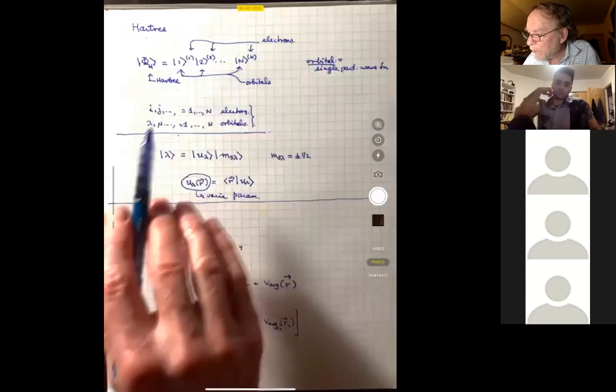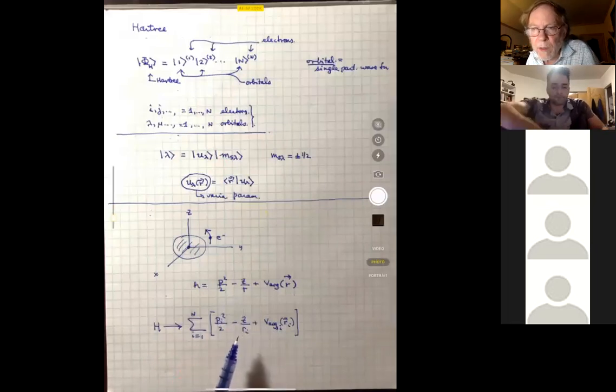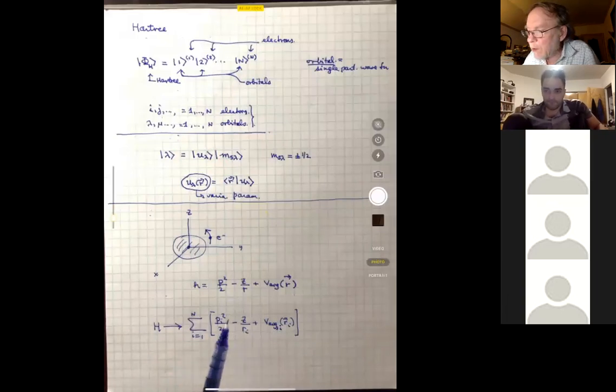But the orbitals themselves are no longer eigenfunctions of a single particle Hamiltonian; rather, each one is an eigenfunction of a different single particle Hamiltonian. That, of course, means that they're no longer orthogonal to one another as they would be if they belonged to the same Hamiltonian. Okay, so that's one issue: the electrons don't act on themselves.